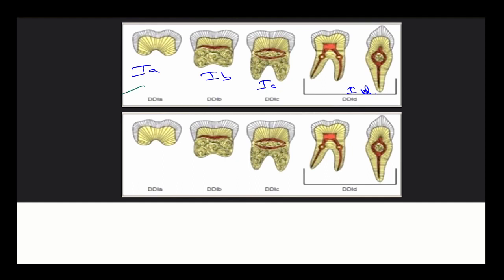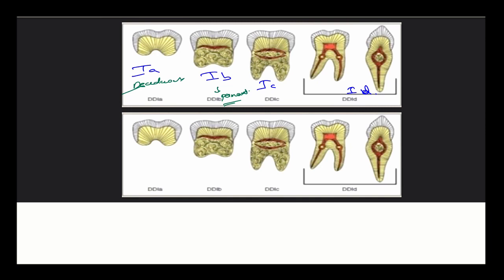The few things which you have to know: one is usually seen in deciduous, and the rest are mostly seen in permanent. To be very specific, 1B is more common in permanent, and 1A is more common in primary.